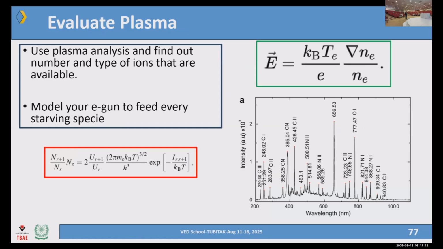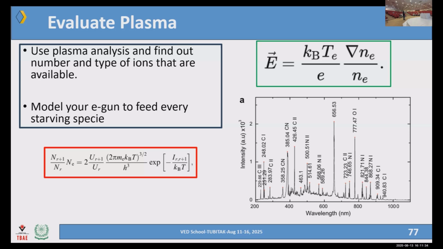So what you see are the emission lines. Where are those emission lines coming from? Electron levels. The electrons jump from higher to lower orbits, and they emit light.